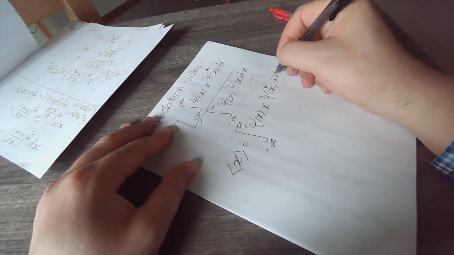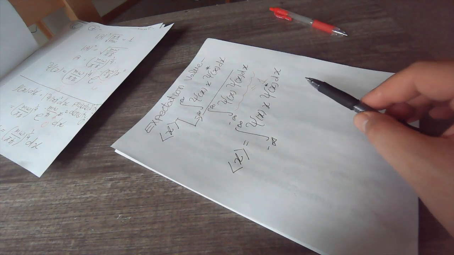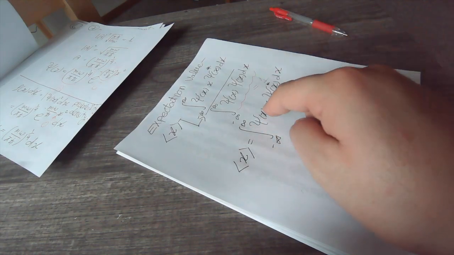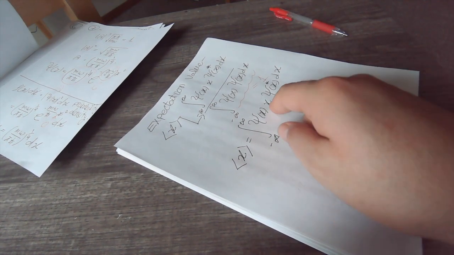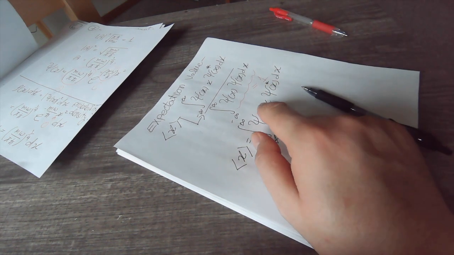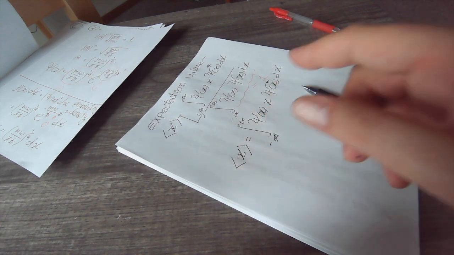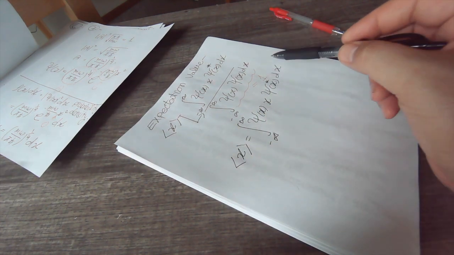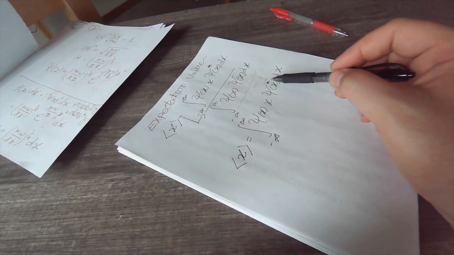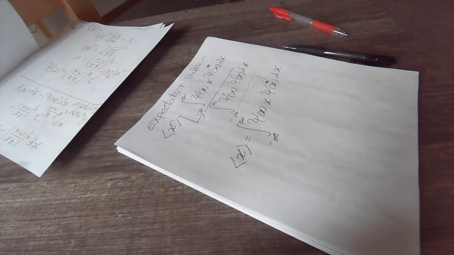Actually, psi of x is equal to psi star, but let's keep it like this, because in future you will have functions that have complex numbers. And having complex numbers with this complex conjugate can completely change the wave function.